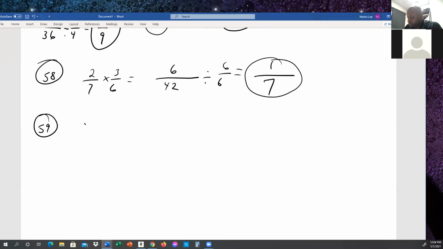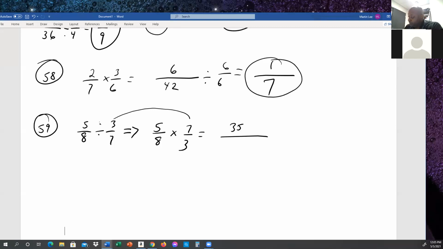Okay, 59. 5/8 divided by 3/7. We change this to multiplication by leaving the first fraction the same, 5/8, but then changing division to multiplication, and then taking the reciprocal of 3/7, which is 7/3, and then multiply. 5 times 7 is 35, over 8 times 3, which is 24.